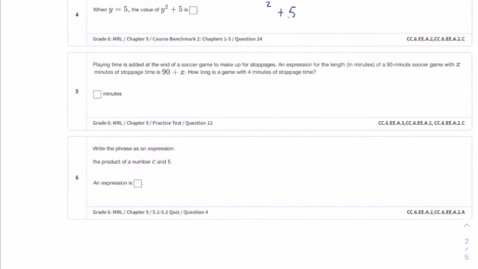So I just take out the y, and instead of y, it tells me that y is 5, so I'll just put in the 5. So that's 5 squared plus 5. 5 squared is 5 times 5, plus 5. So that's 25 plus 5. So 30 is the answer to this one. Okay, moving on.